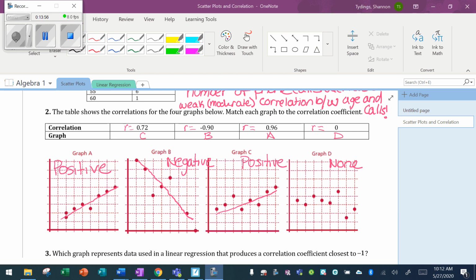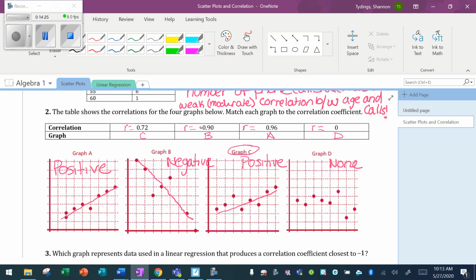Okay, so hopefully you see, you end up getting graph C, we'd say it's about 0.72. It's a pretty good representation, so it's pretty strong. So we'd say it's on the stronger side, but it's not perfect. If you take a look at B, notice it's a negative 0.9, so that's a strong negative correlation.